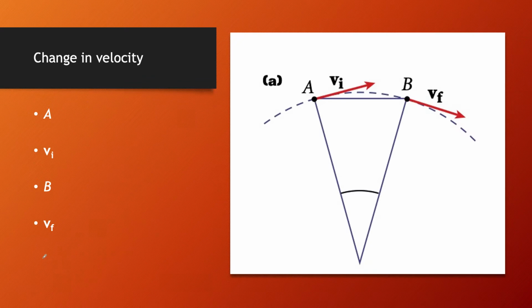I've got some other figures to talk to you about. When we look at the change in velocity, point A is our first measurement, the initial velocity. Point B is where we finish measuring, and this is the final velocity.